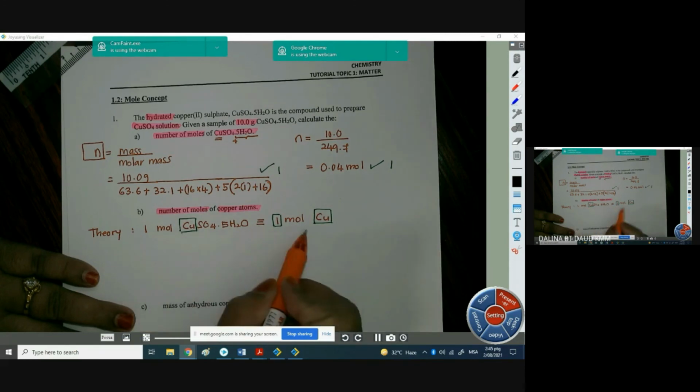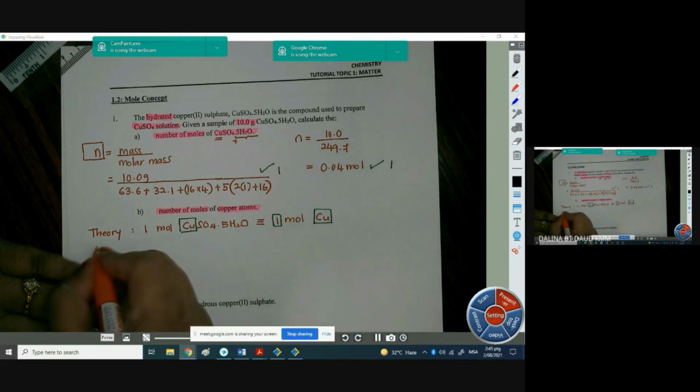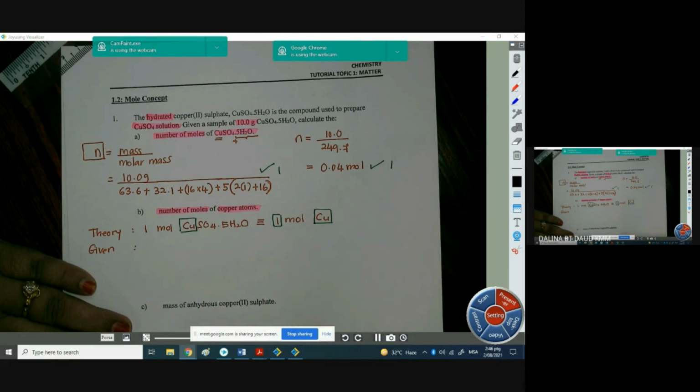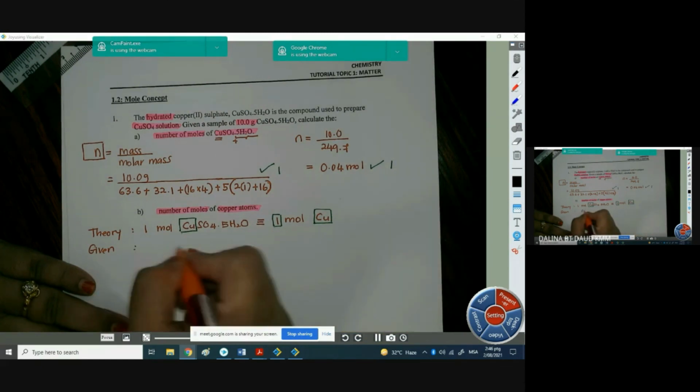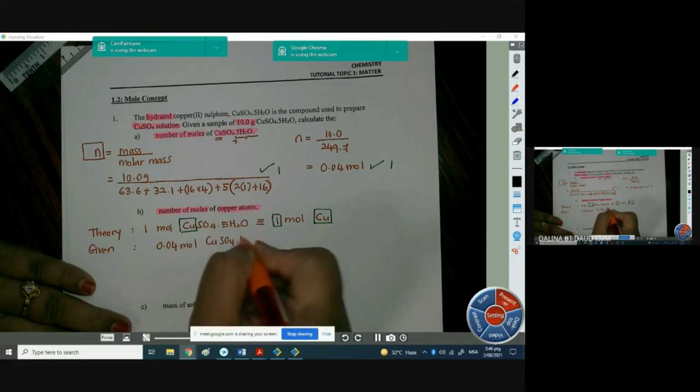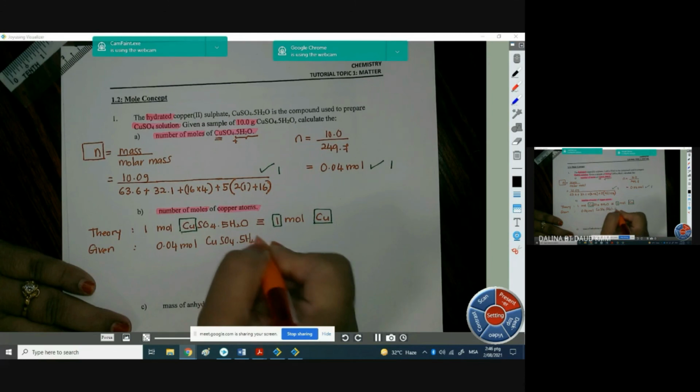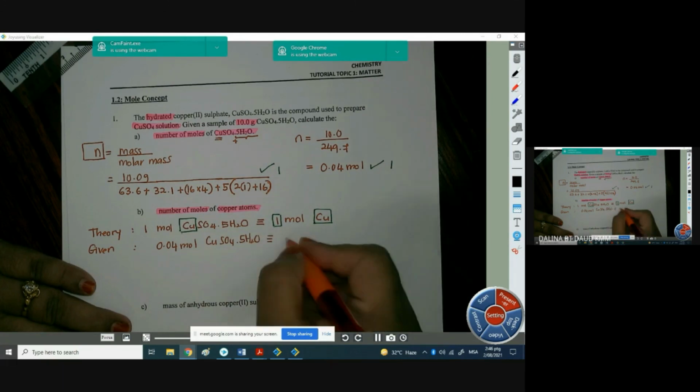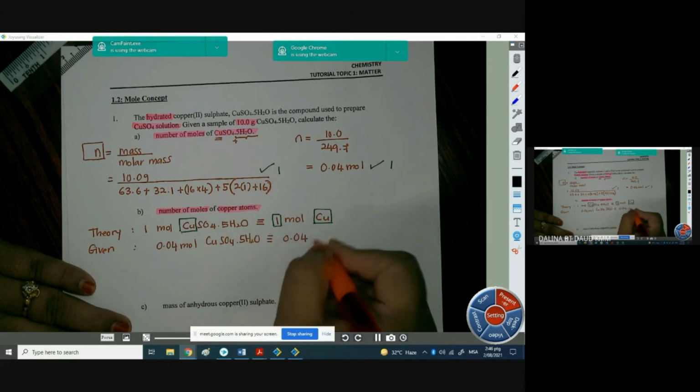Now, according to our question from A, we have 0.04 mole hydrated copper sulfate. Therefore, we will have 0.04 mole of copper.